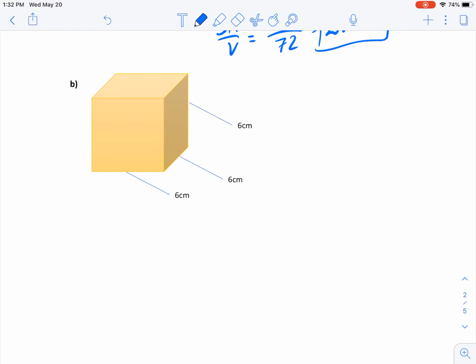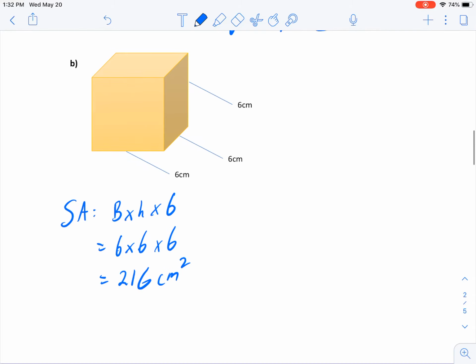Now for the cube, we should know how to do this one. Surface area is going to be, I'm going to use the short one, base times height times 6, because base times height is the same all around, which would equal 6 times 6 times 6, or 216 centimeters squared.